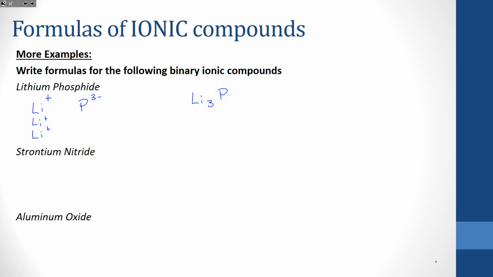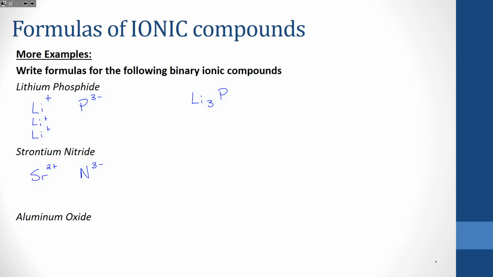Let's look at strontium nitride. Strontium is in column 2. It has 2 valence electrons that it likes to lose. Nitride, or nitrogen, is also in column 5 like phosphide, so it also forms a 3-. Now, the best way to think of this, the way that will never steer you wrong, is thinking of the words lowest common multiple, which you've probably heard of in math class.